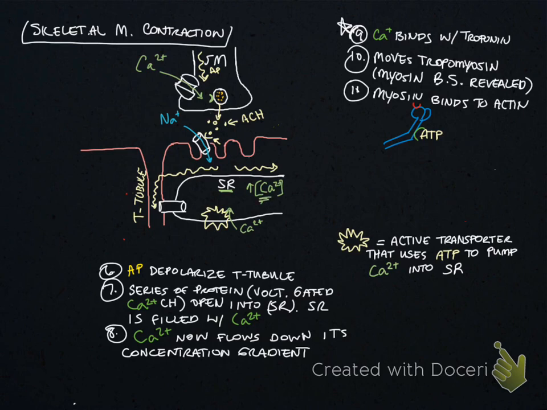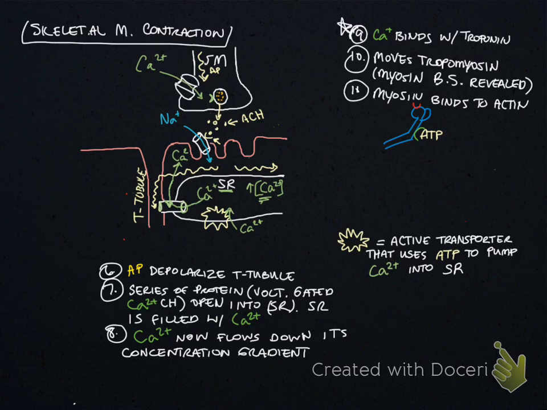So it keeps this concentration high. Okay, so now, going back to our steps, sodium came into the cell, we had this depolarization wave, it traveled down our T-tubule, and it opened these voltage-gated calcium channels. Okay? And then calcium that was held in our sarcoplasmic reticulum was allowed to go down its concentration gradient out into the muscle cell.